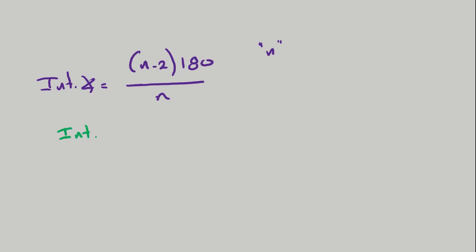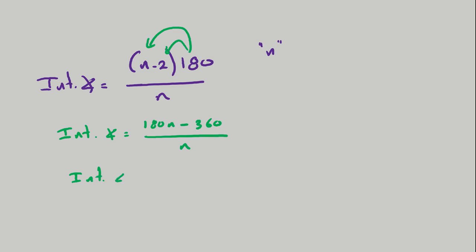We're going to start with distributing this N in here. That would look like 180N minus 360, both over N. From here we can split it. Because N is the only thing in the denominator, we can separate this into two parts.